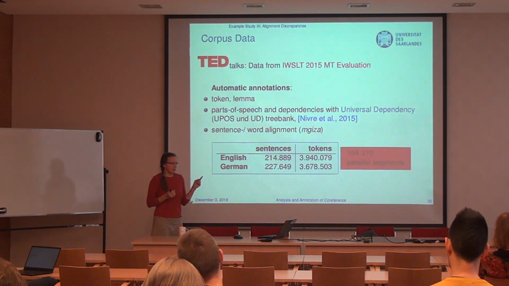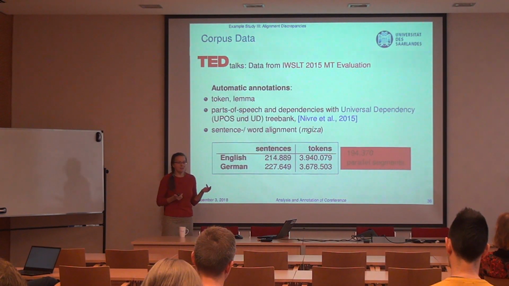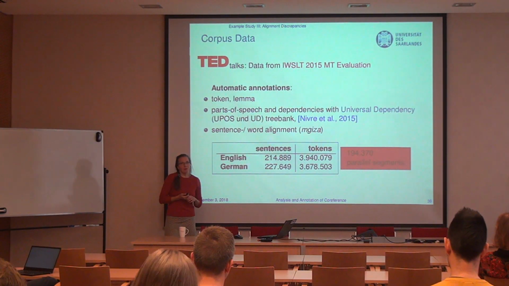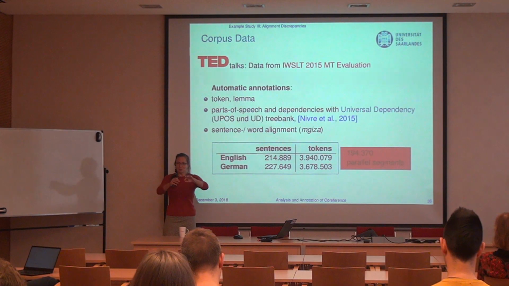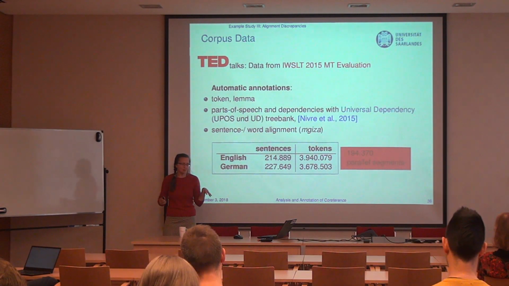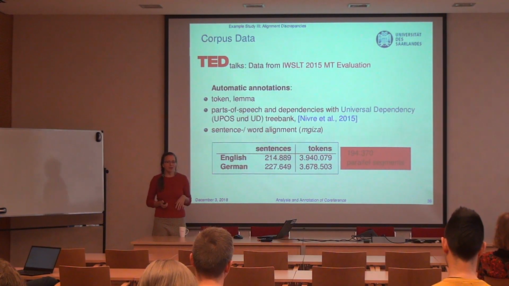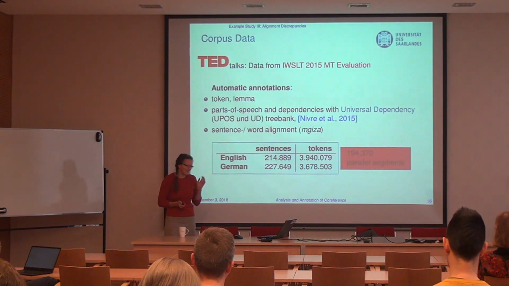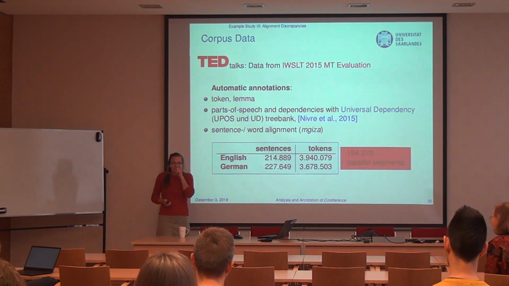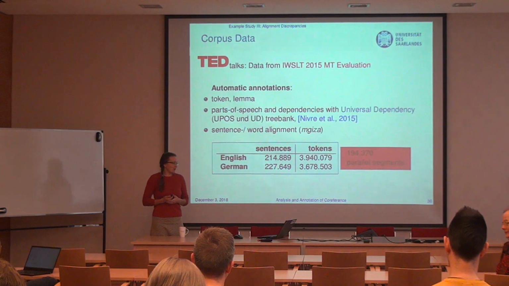We use automatic annotation on the basis of token, lemma, part of speech, and dependencies using the Universal Dependencies treebank. Why? Just because we thought if we work with two languages, we want to have the same categories in both languages. Well, the praxis showed that it's not always the same category that is marked as the same type, but still it's more useful.